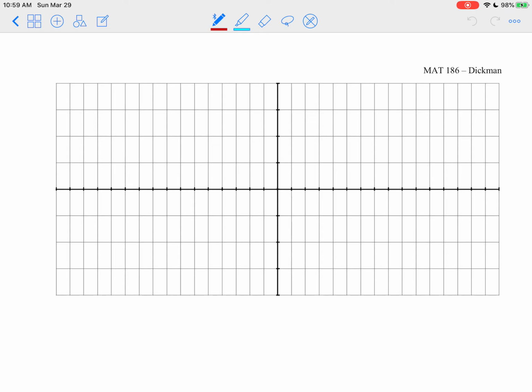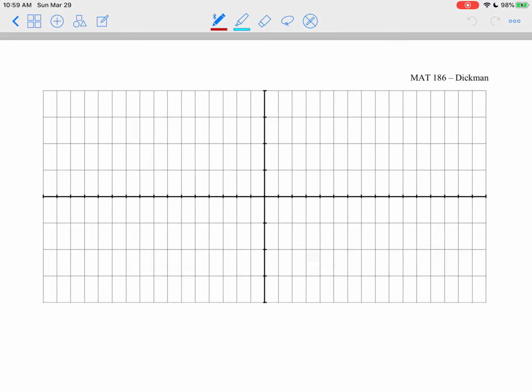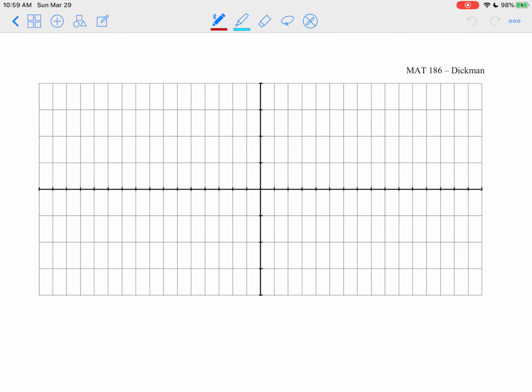Okay, so I'm going to make the scale pi over 8, and just because this graph is so wide, I am going to go every other space just so that I have a little bit more room to write. But if you just want every box being pi over 8, that would be fine too.